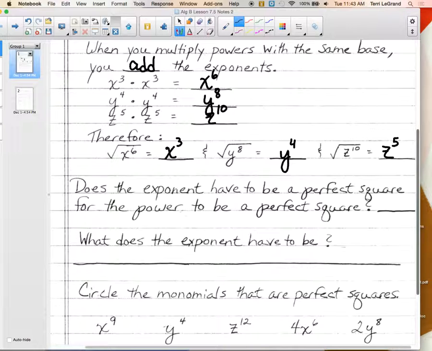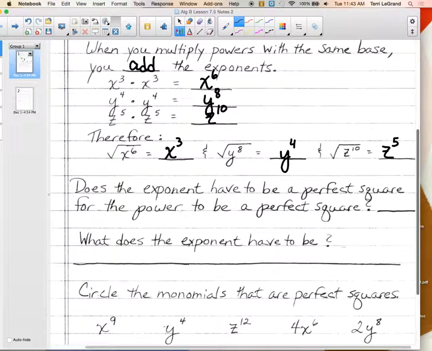So notice what happened here. We learned that to take a power times a power, you just add the exponents if they have the same base. So even yesterday, when you guys were taking the square root of x squared, you did not even think to yourself, how do I get it? You just automatically said the square root of x squared is x. What power is x to? First power.